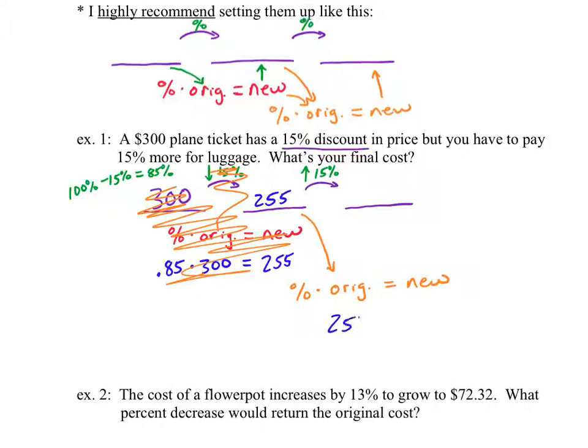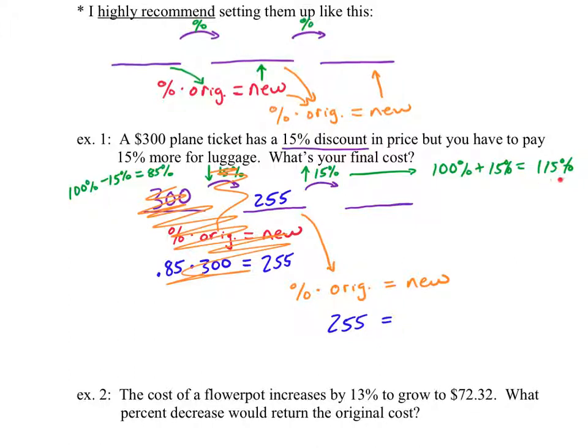So I'm starting at $255. Because it's a 15% increase, I do 100% plus my 15%. I'm really trying to figure out what's 115% of that 255.